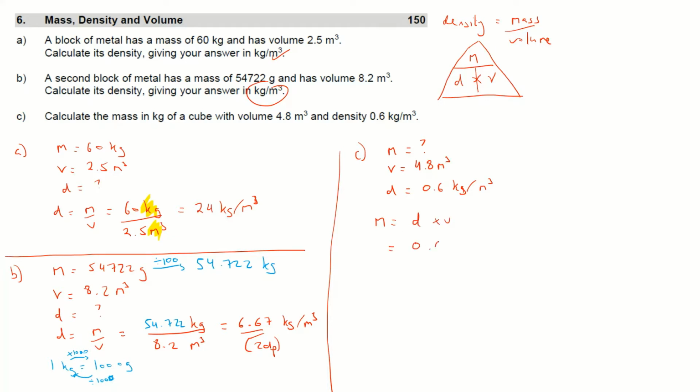So 0.6 kilograms per meter cubed multiplied by 4.8 meters cubed. And we're good to go, because these meters cubed match up. So 0.6 times 4.8 gives me 2.88 kilograms, which is what I wanted. So that's question 6 done.